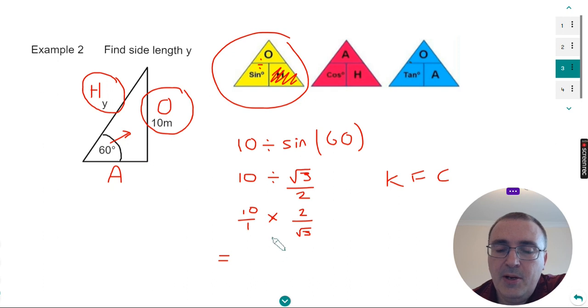We then multiply our numerators: 10 times 2 is 20, and 1 times root 3 is root 3. That would be the length of side y. You can leave it in surd form. You could also rationalise the denominator here, so look at what the question is asking for.